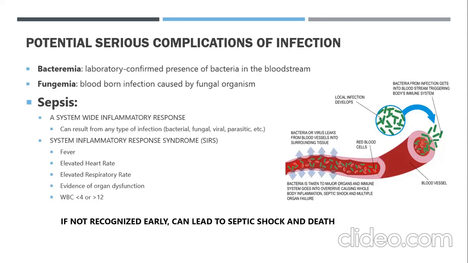I don't expect you to know this for your test, but I do want you to know the basics: any infection could cause sepsis. And sepsis, just like anaphylaxis, is a system-wide inflammatory response. When that histamine and all that stuff is being produced locally, you may have localized swelling or localized hives.